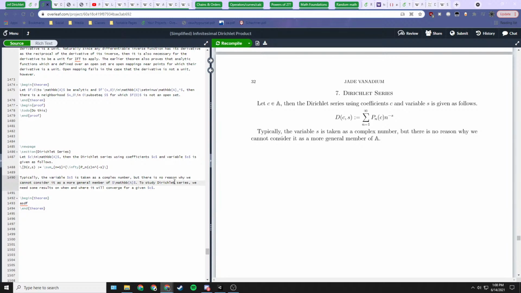So on where and for what values of s it will converge for a given c.